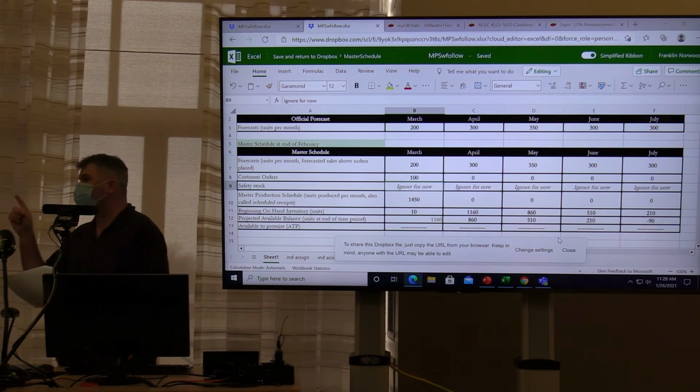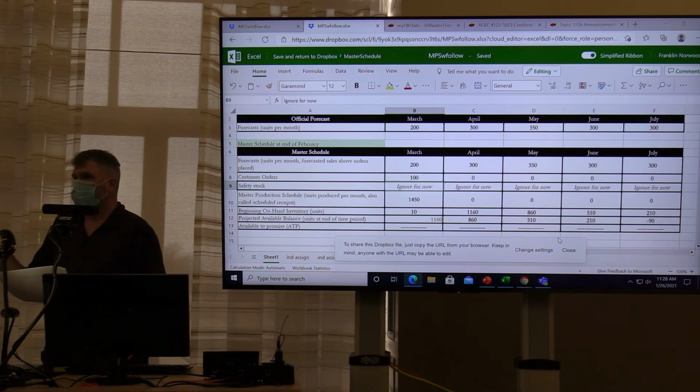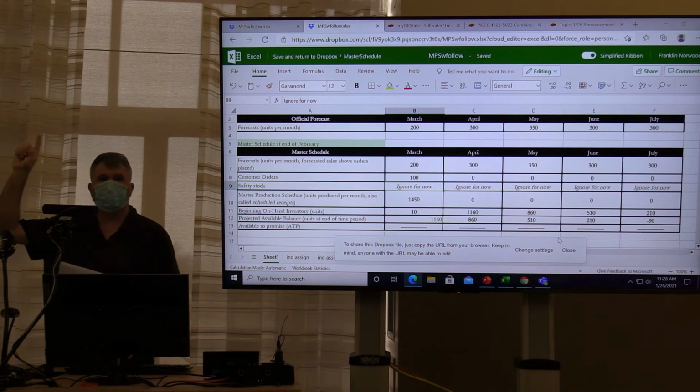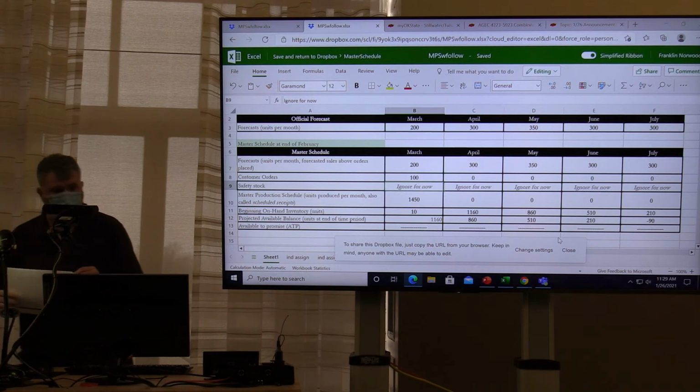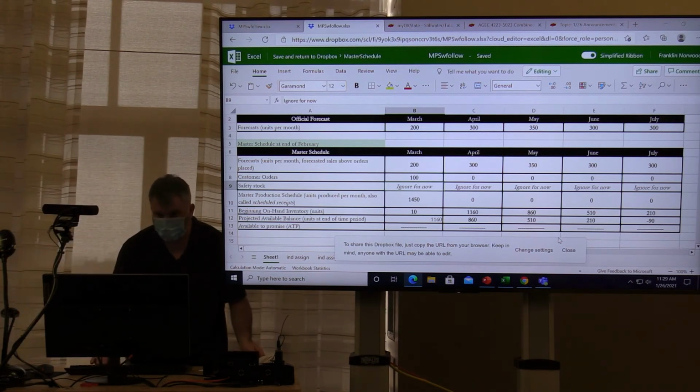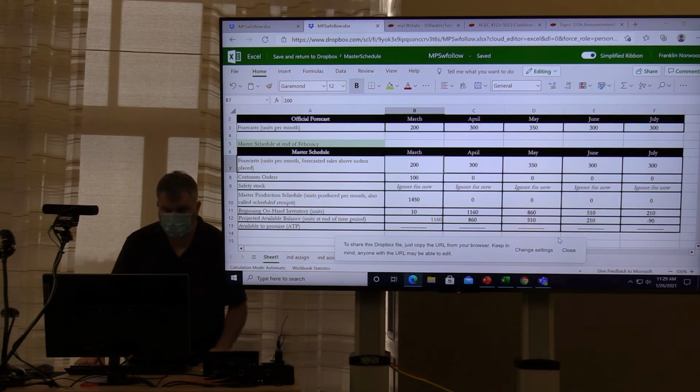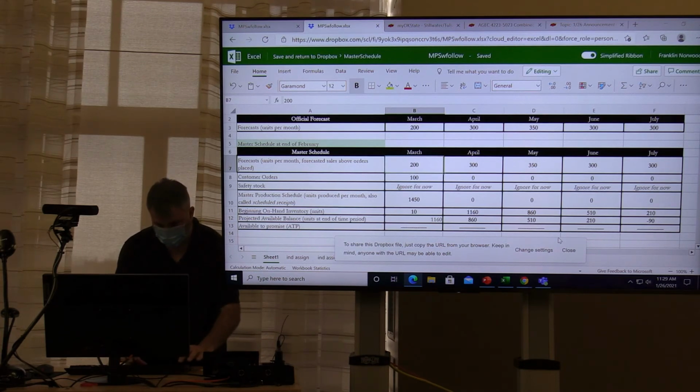And what do I need to do next? Orders went up by 100. Yeah, we've got to consume the forecast. So now forecasts have to go down by 100, and so it now equals 100.